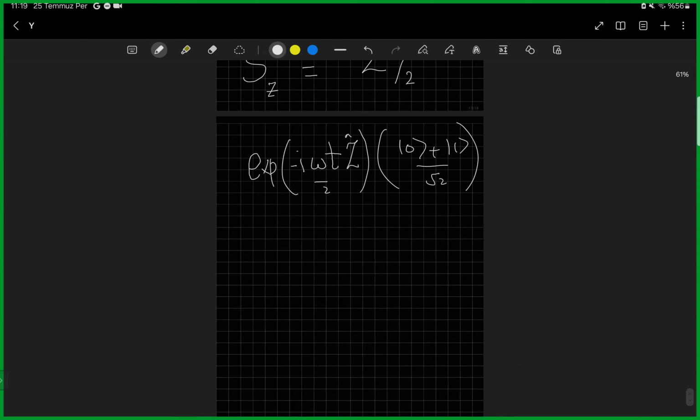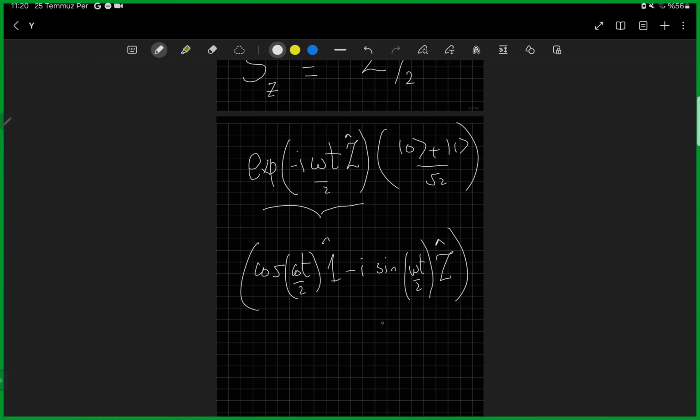Now you already know that the square of Z is the identity. So this thing is cosine of omega t over 2 times identity minus i sine of omega t over 2 times the Z operator, acting on |0> plus |1>.